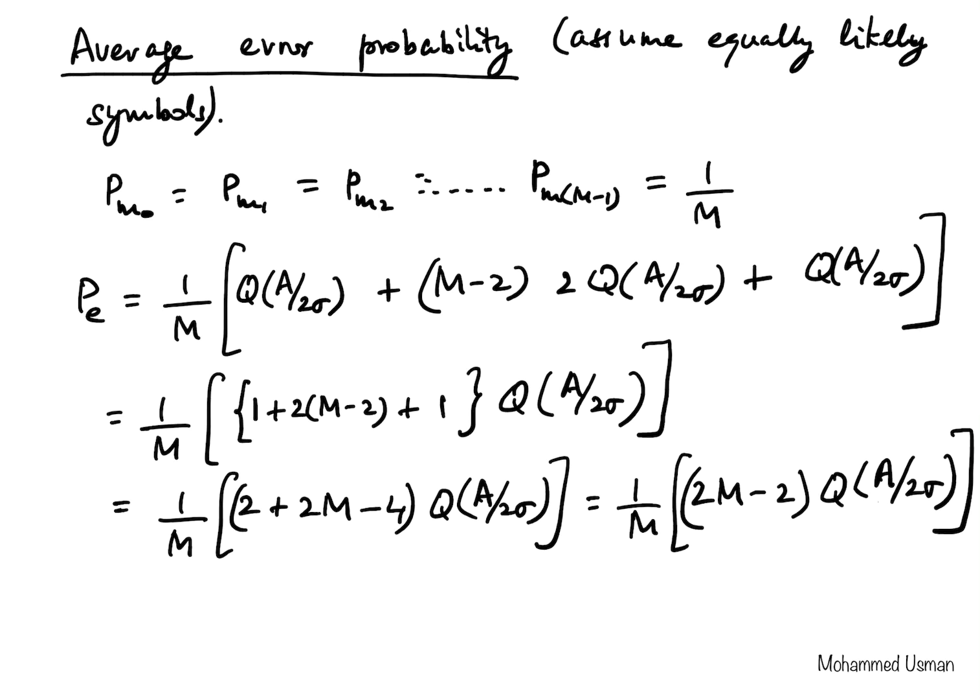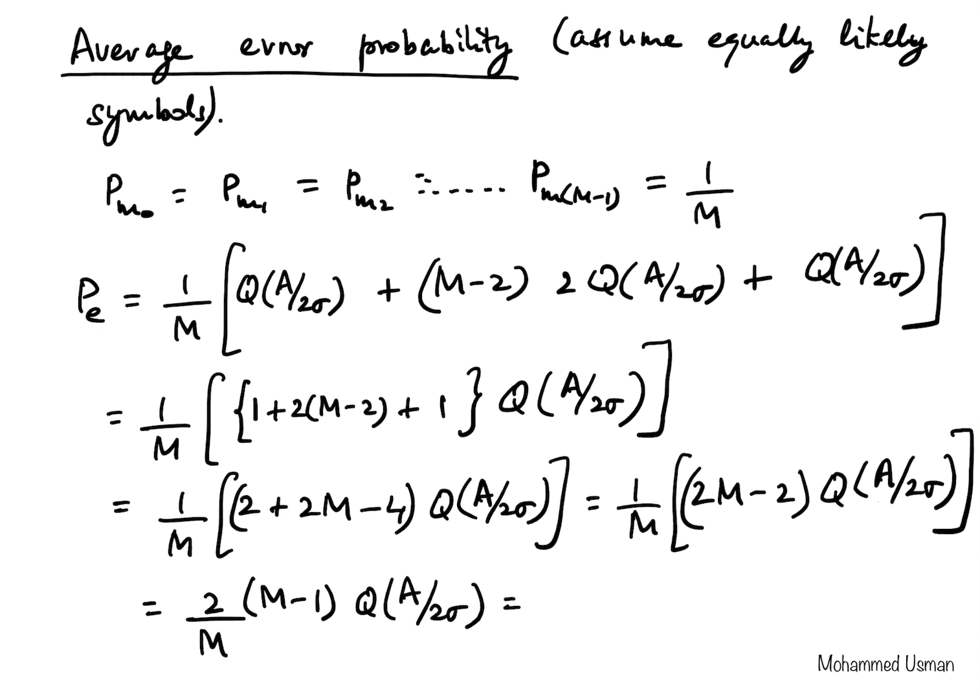So now what we can do is take this 2 out as a common factor. So we take the 2 outside, so 2 by m into m minus 1. So that's 2m minus 2 into Q of a by 2 sigma.